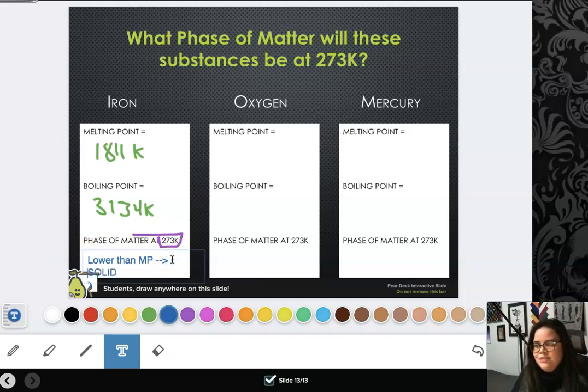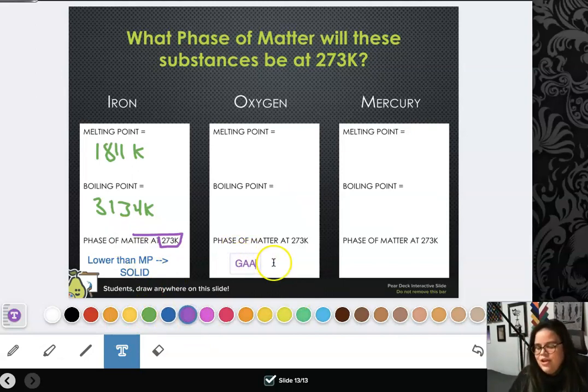Okay, which honestly, most of you were probably already familiar with because you know a little something about iron. You probably already know the answer for oxygen, so you're going to prove it to yourself on the next slides. And then mercury, some of you may or may not know, but you're going to try it on your next slides.